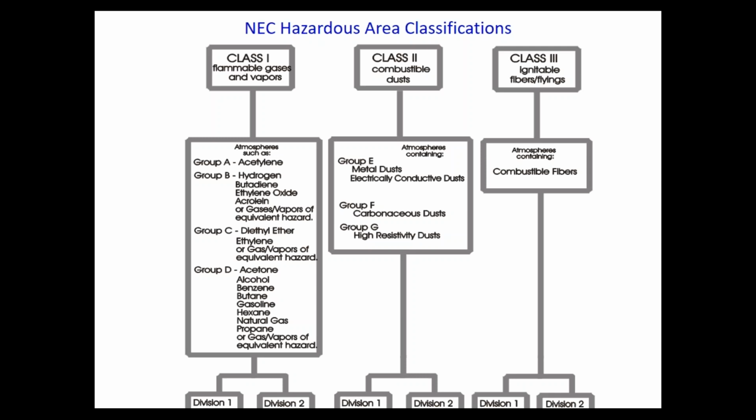Group C and D are all those chemicals that you see in that chart. The reason is that when they ignite, the pressure of that explosion is such that group D is not as powerful as group C, which is not as powerful as group B. And of course, the biggest explosion out of all of them is acetylene.